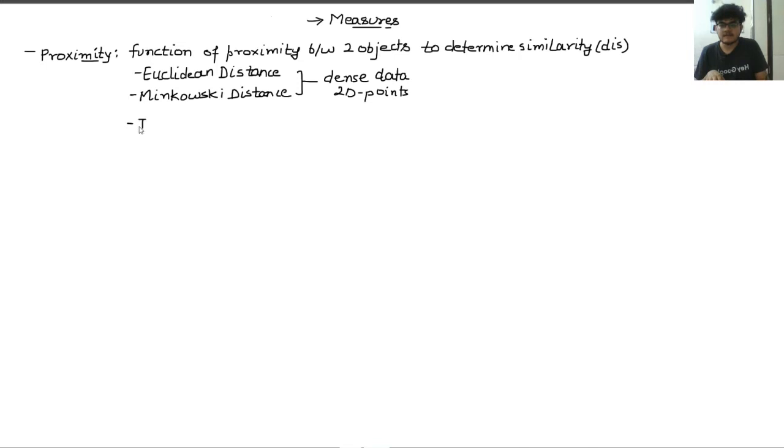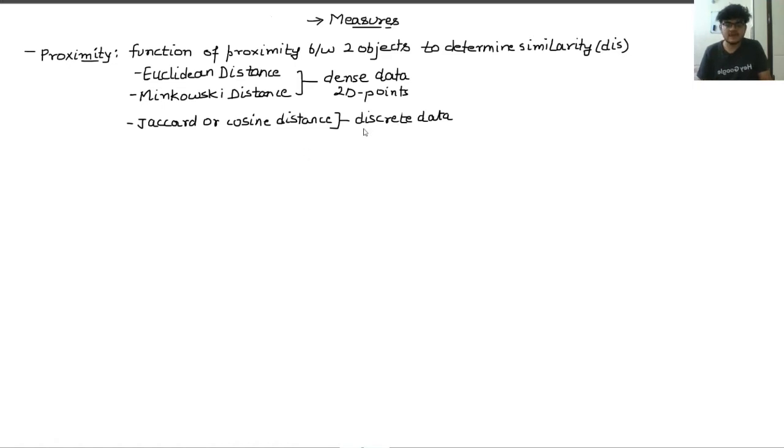And then comes the Jaccard or cosine distance. Basically these two distances are for discrete data. So these are the proximity measures. So now the question is how to calculate these proximity measures.